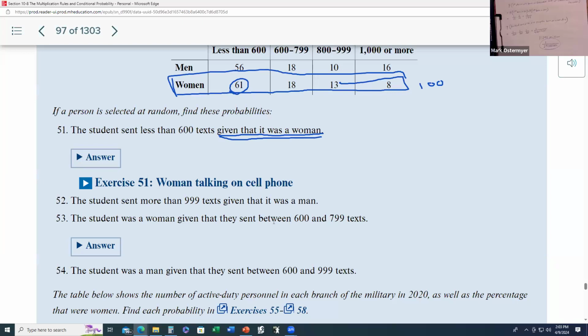All right, do number 52. Given that the person selected is a man, what's the probability that the person sent more than 999 texts? More than 999 texts.